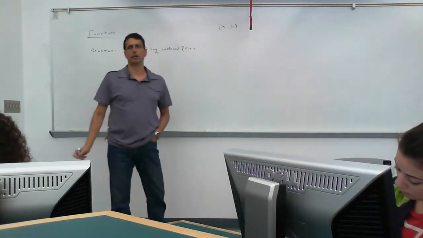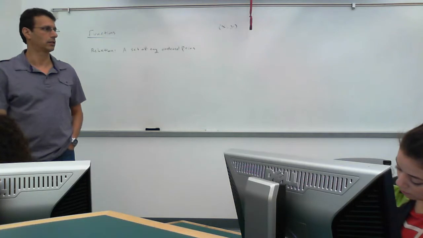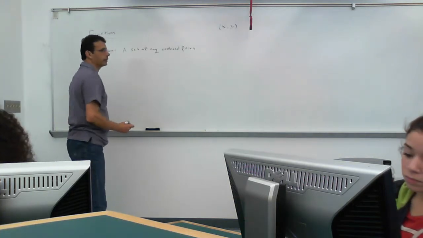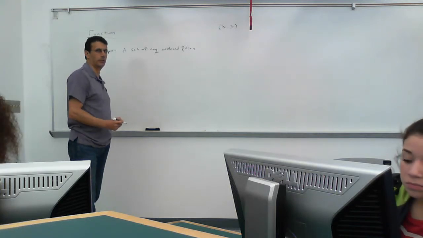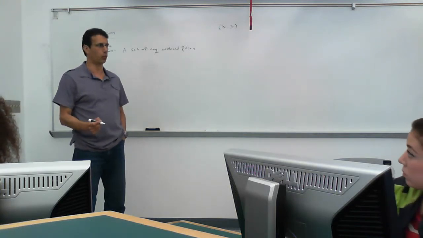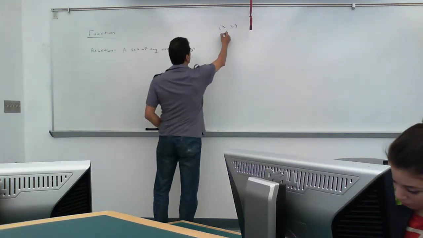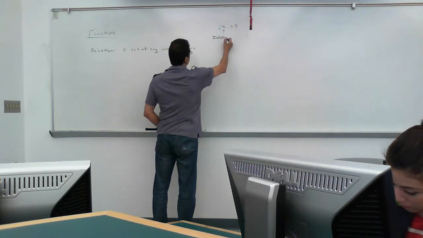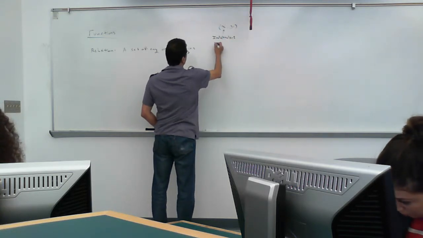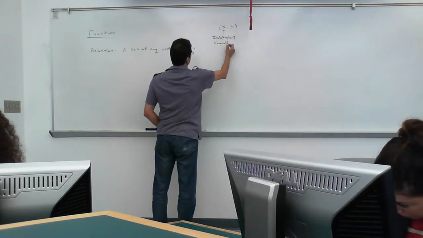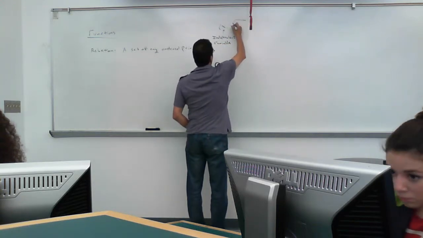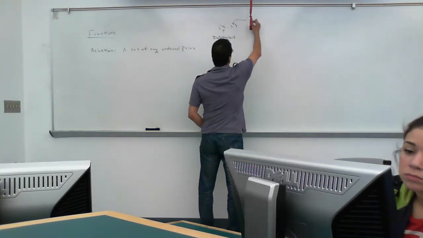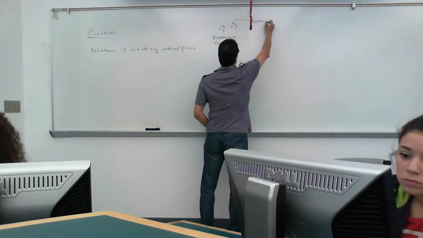Generally speaking, X and Y. Now, the first coordinate is normally called X, the second one is Y. The first coordinate is also known as the independent variable. The second one is known as the dependent variable.